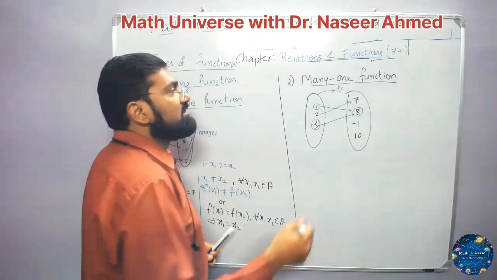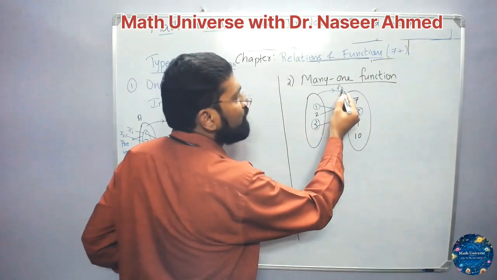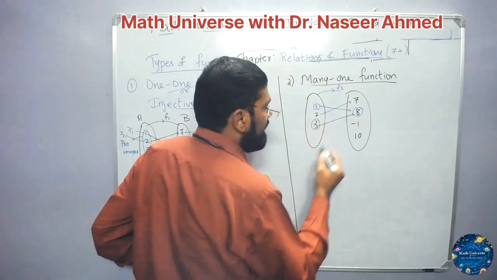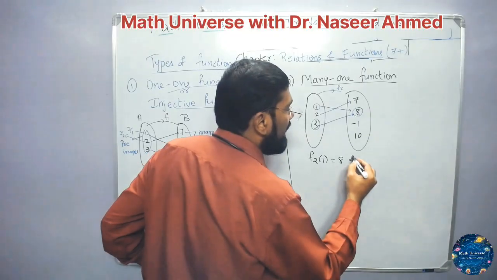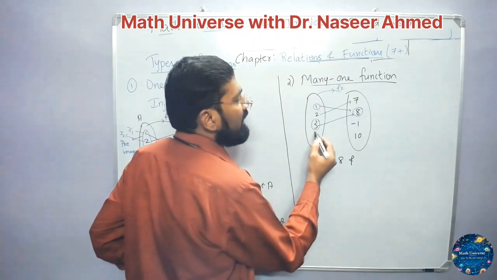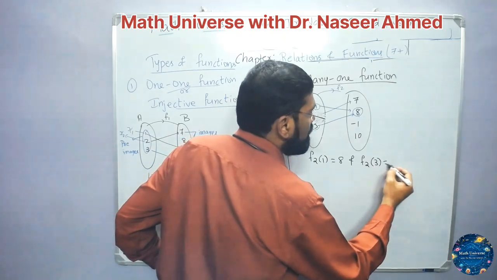So now let us write the way I wrote here. f2 is carrying 1 to 8, and f2 is also carrying 3 to 8.